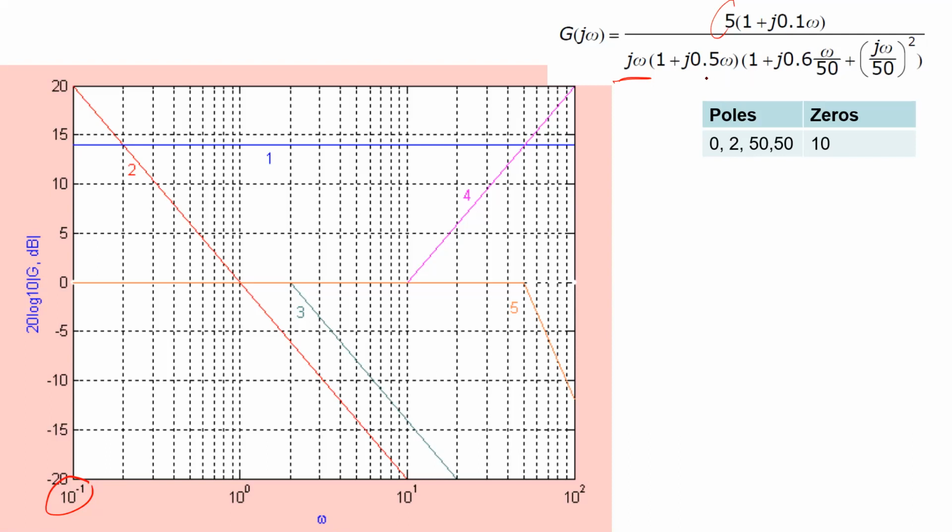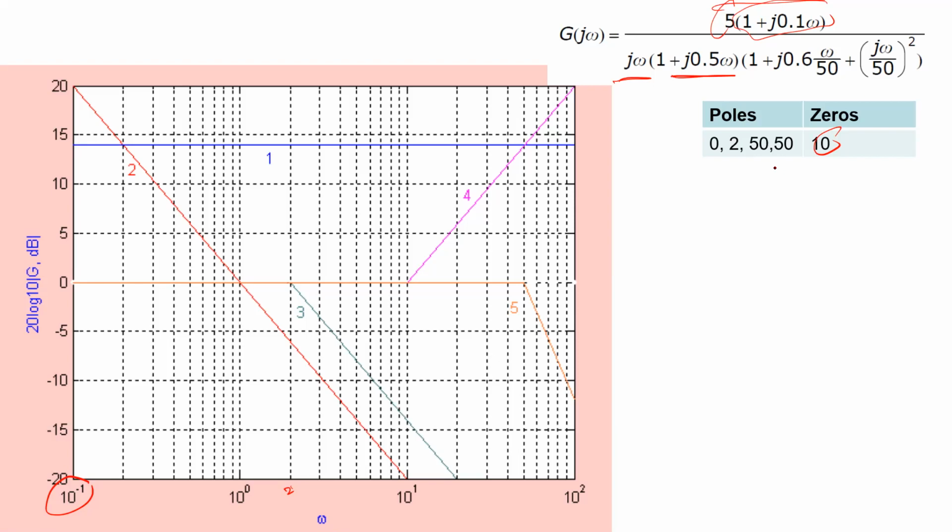Curve 3 is at 2, this one. It will be 0, and then at 2, minus 20 dB per decade. For the zero at 10, it will be 0 and then a positive slope.